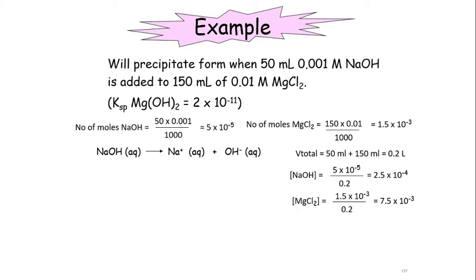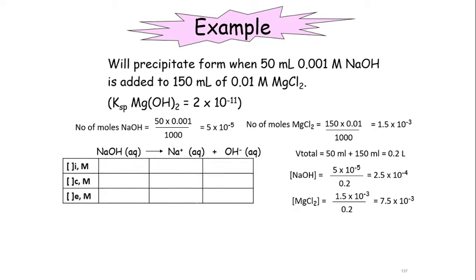If we draw an ICE table below that, we will write the initial concentration of NaOH is 2.5 times 10 to the power of negative 4, while Na+ and OH- is 0.